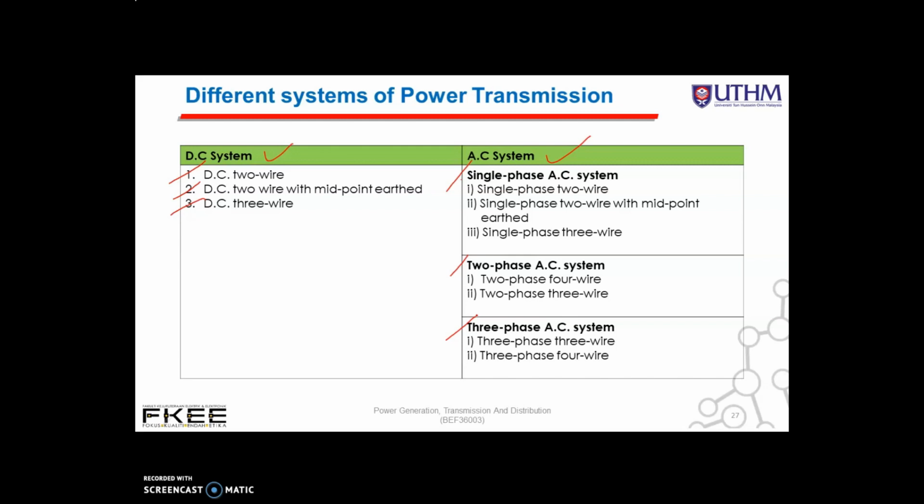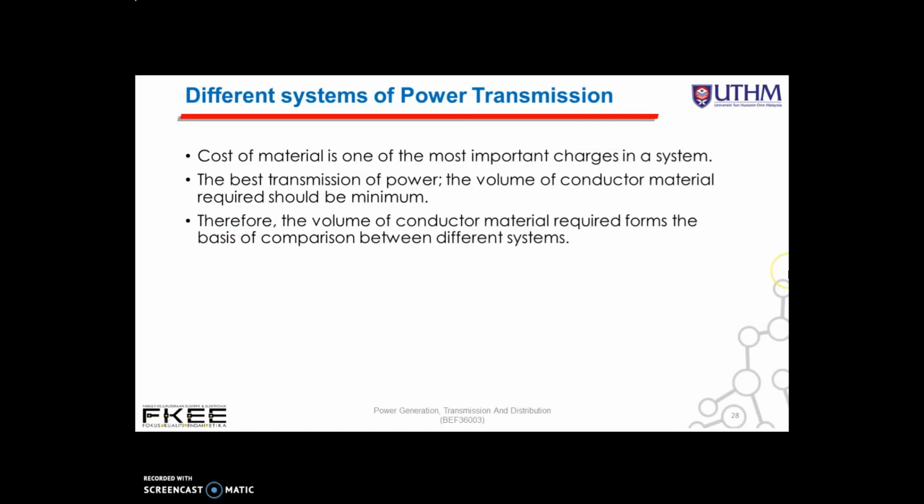For the single-phase AC system, we have single-phase 2-wire, single-phase 2-wire with midpoint earth, and single-phase 3-wire. For the two-phase AC system, we have two-phase 4-wire and two-phase 3-wire. For the three-phase AC system, the popular systems used are three-phase 3-wire and also three-phase 4-wire.